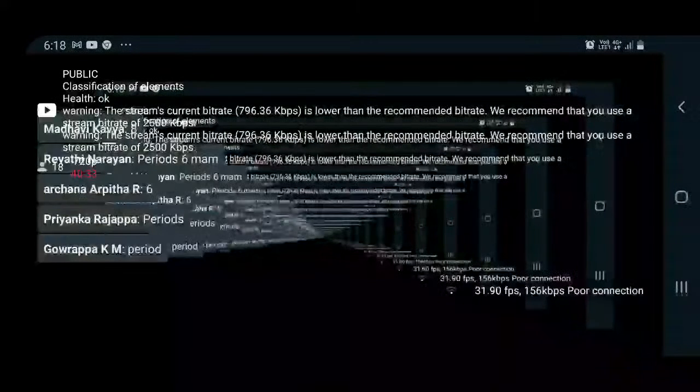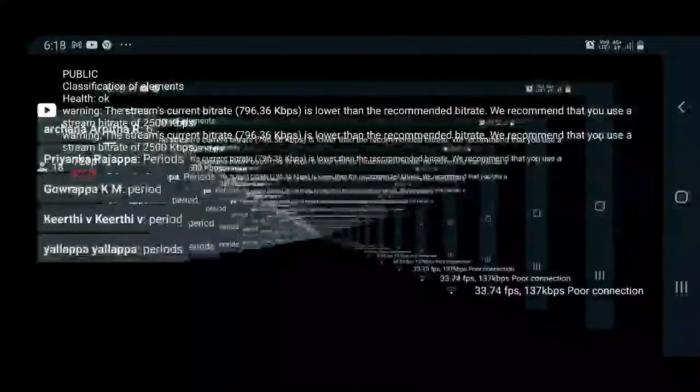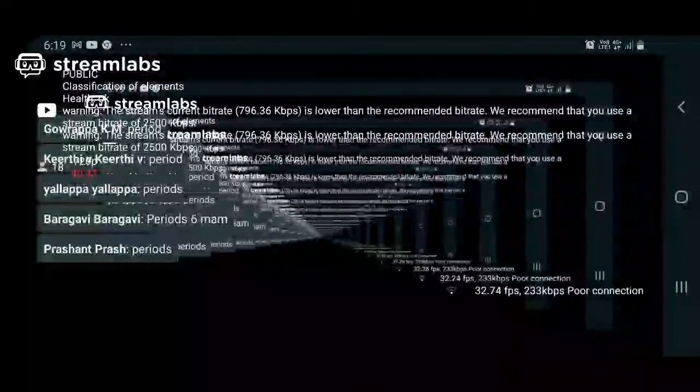Priyanka, Varsha, correct answer. It's periods. Yes, all of you answering correctly. Remember, the vertical columns are called as groups. The horizontal rows are called as periods.